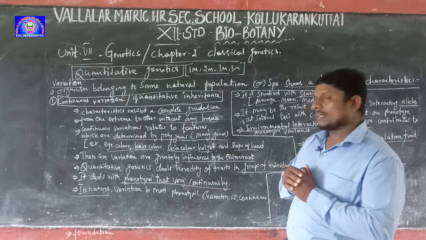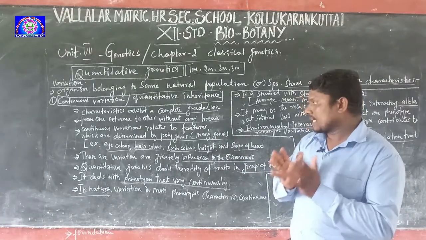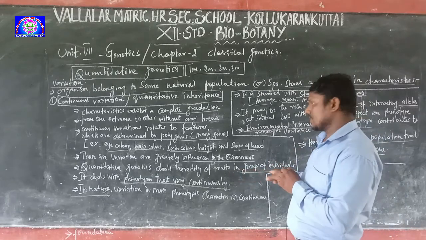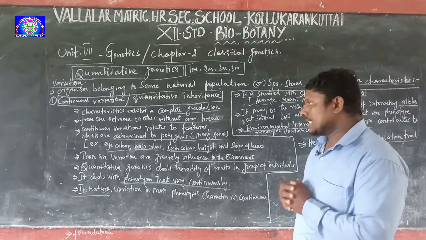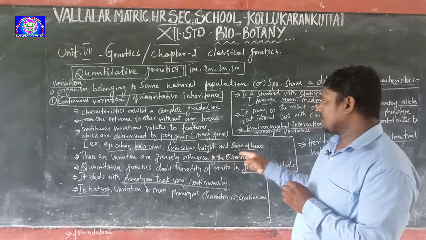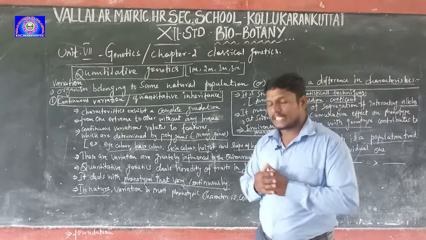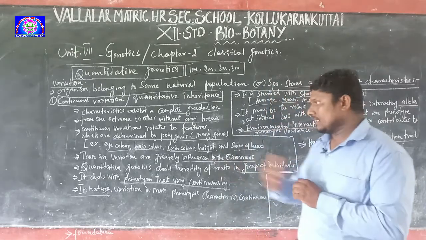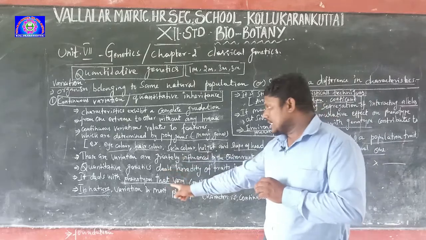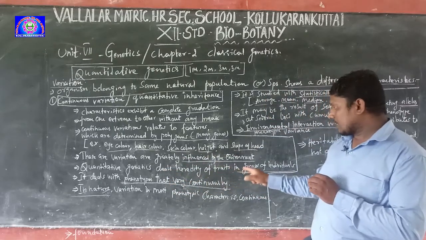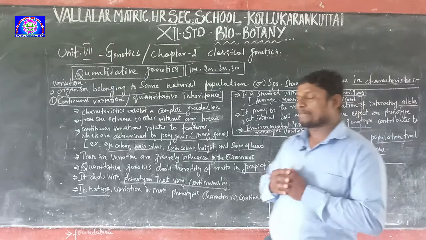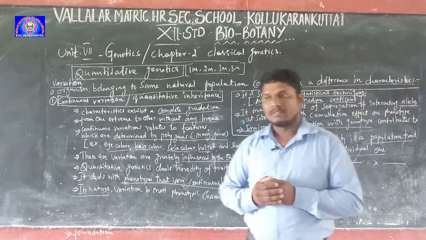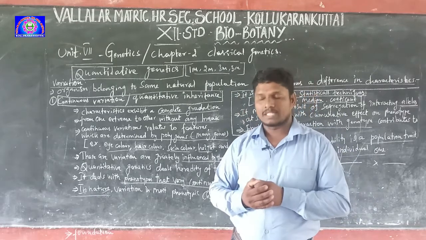Next, quantitative genetics deals with the heredity of traits in a group of individuals, and it deals with phenotypes that vary continuously. Quantitative genetics deals with phenotypic characters only. In nature, variation in most phenotypic characters is continuous. So continuous variation, or quantitative inheritance, is visible in the phenotypic appearance.